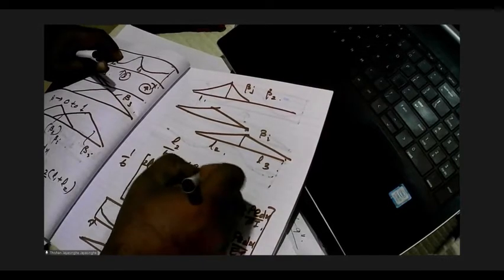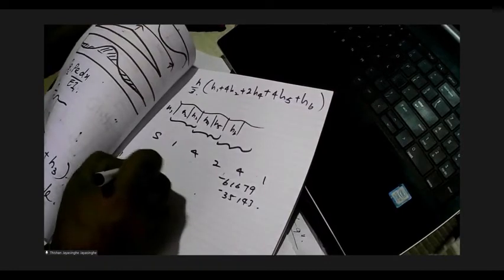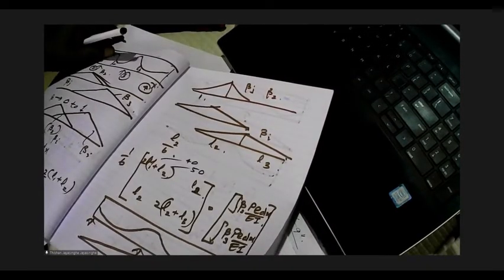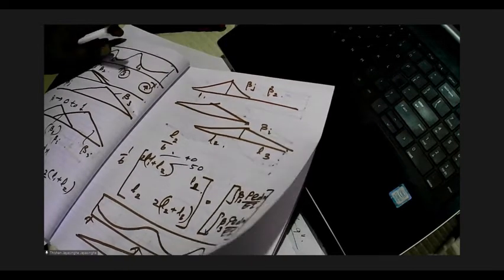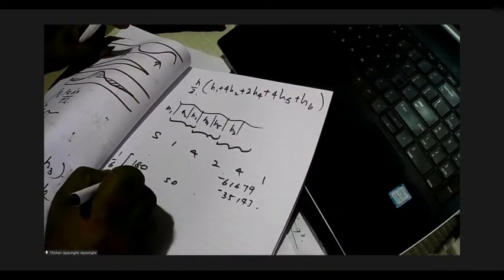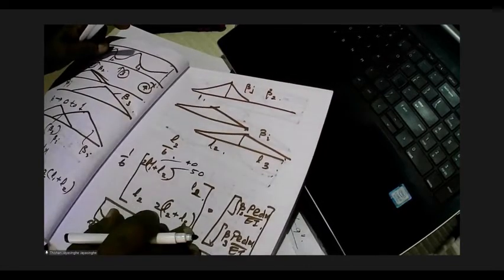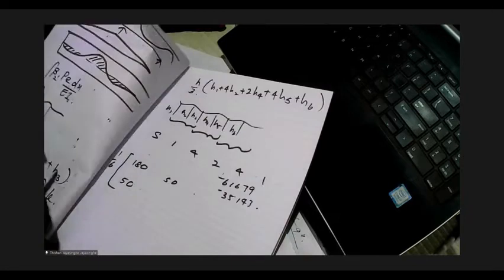L1 is 40 meters, L2 is 50 meters, 90, 180. And L2 is 50, and this is 50, and this is again 180. 40, 50, 40.